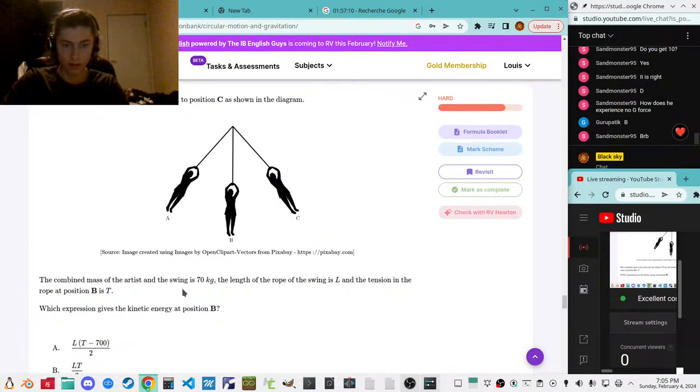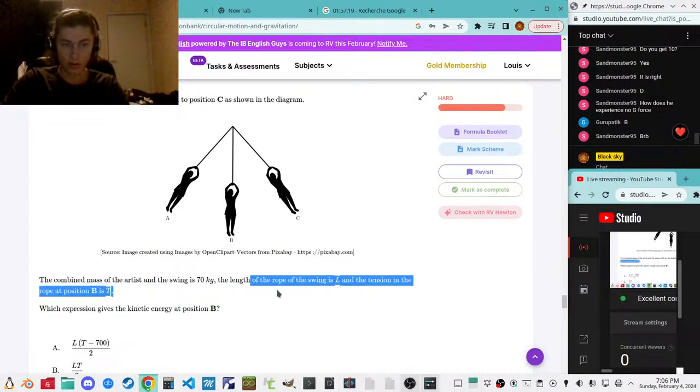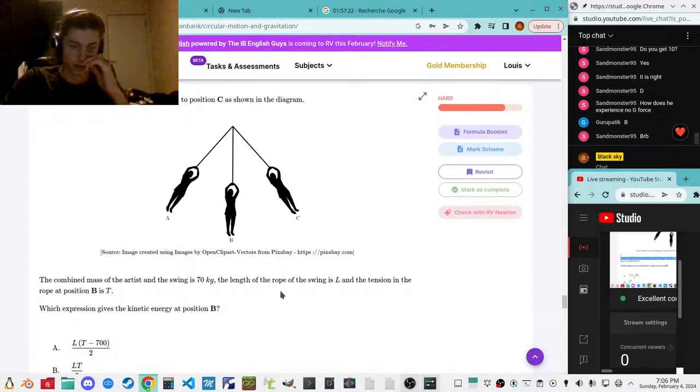The length of the rope of the swing is L. The tension at position B. Okay, so you have the tension. What can you get with the tension? Well, you need its speed. If you want its kinetic energy, you're going to need its mass, which we have, and v squared.